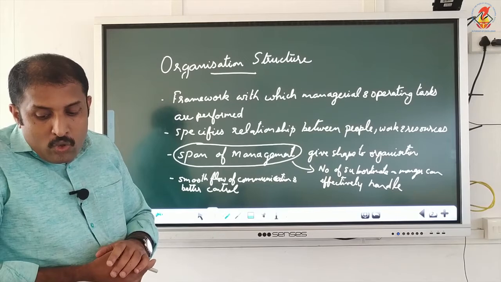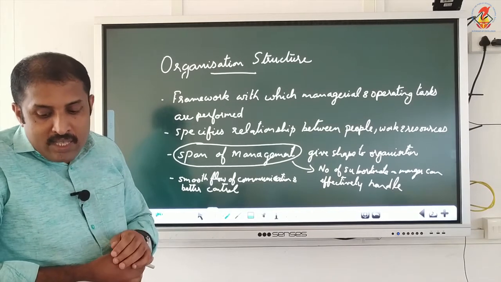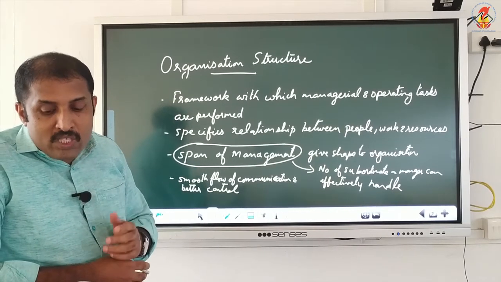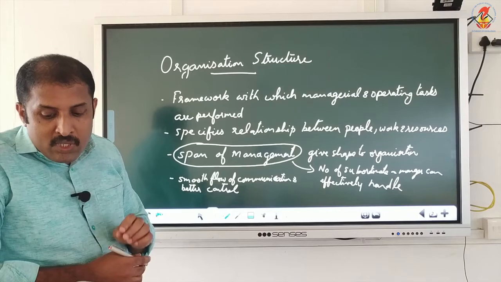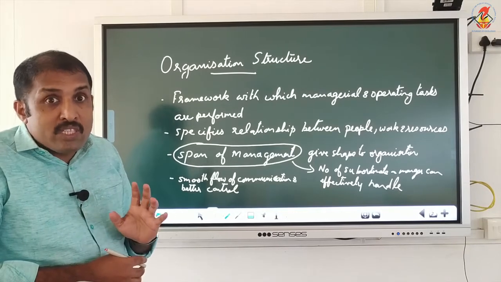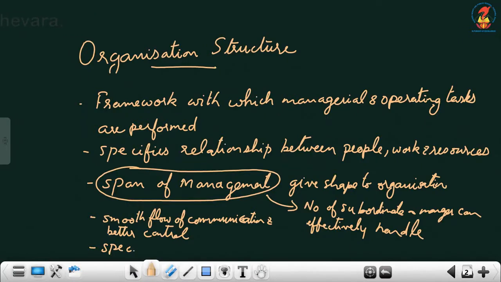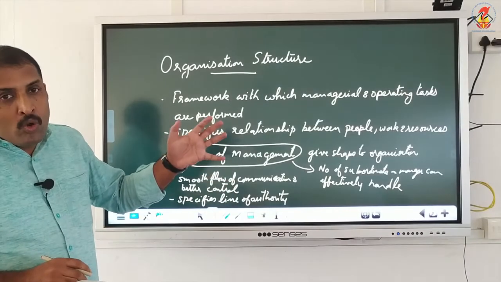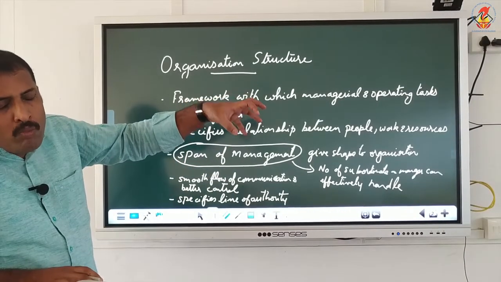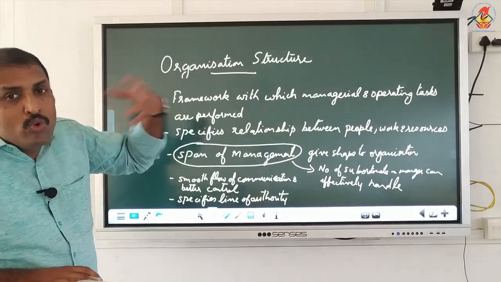And one more thing you have to understand is that organizational structure helps in specifying lines of authority. That means superiors, from whom the orders are to be taken, who is to give the orders.